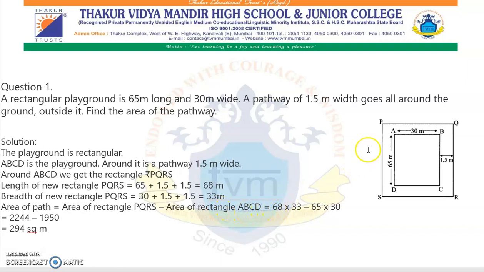So, area of PQRS is what? 68 into 33 minus 65 into 30. Bigger area minus smaller area. 2244 minus 1950. We get 294 square meter.